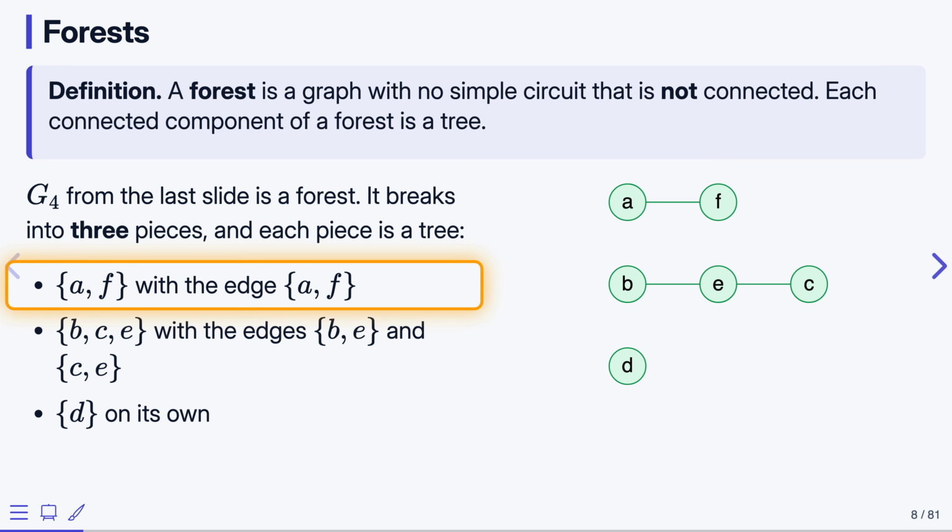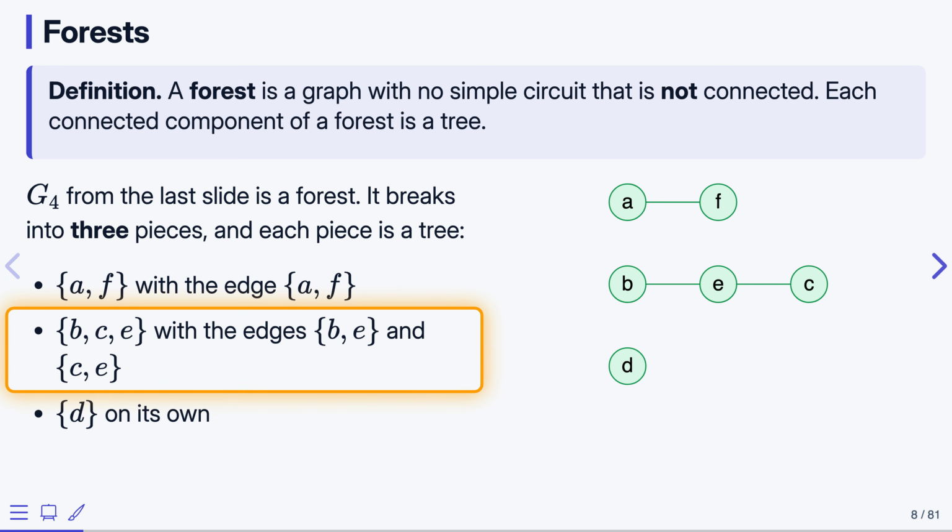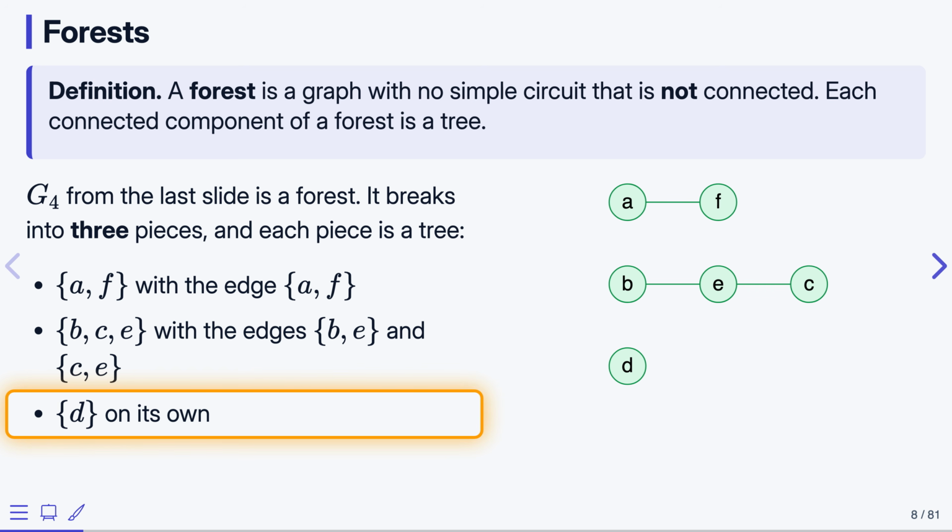The first piece is A, F, joined by one edge. The second piece is B, C, and E, joined by 2 edges. The third piece is D, all alone. Each piece has no loop and is connected inside itself, so each piece is a tree. A forest really is just a group of trees standing side by side.